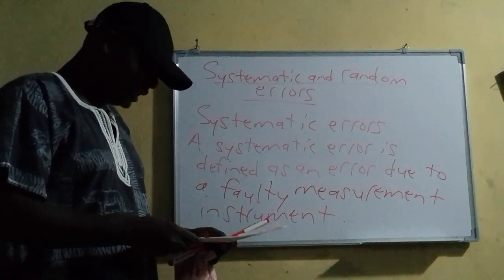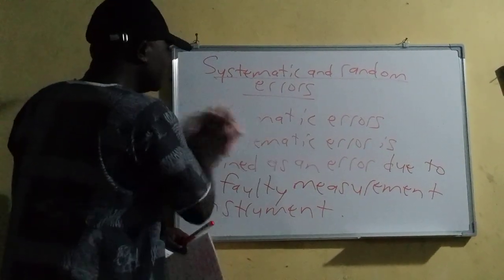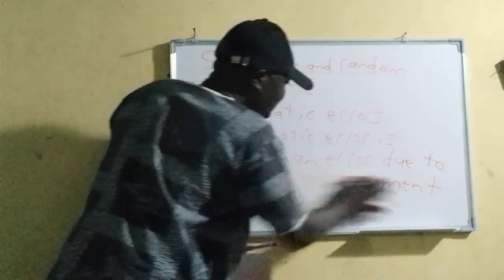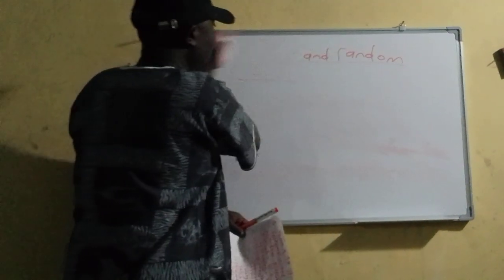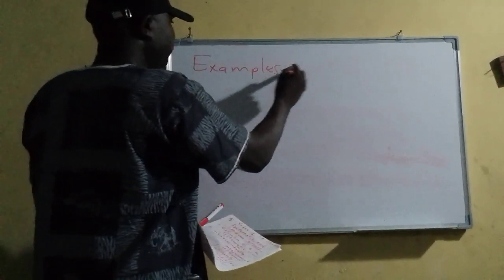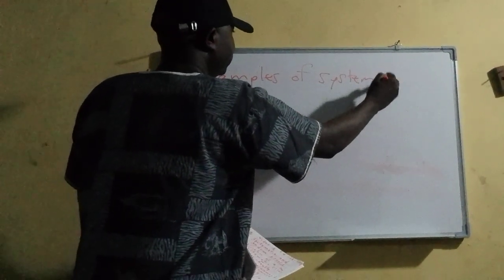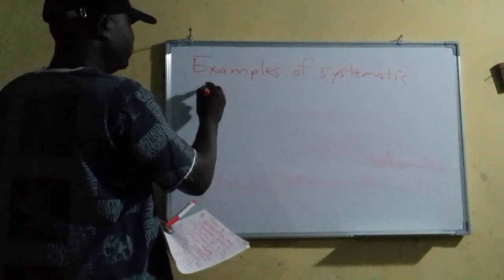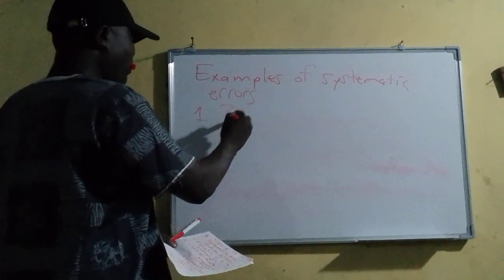Examples of systematic errors. It is very important that we consider examples of systematic errors. 1. Zero error.